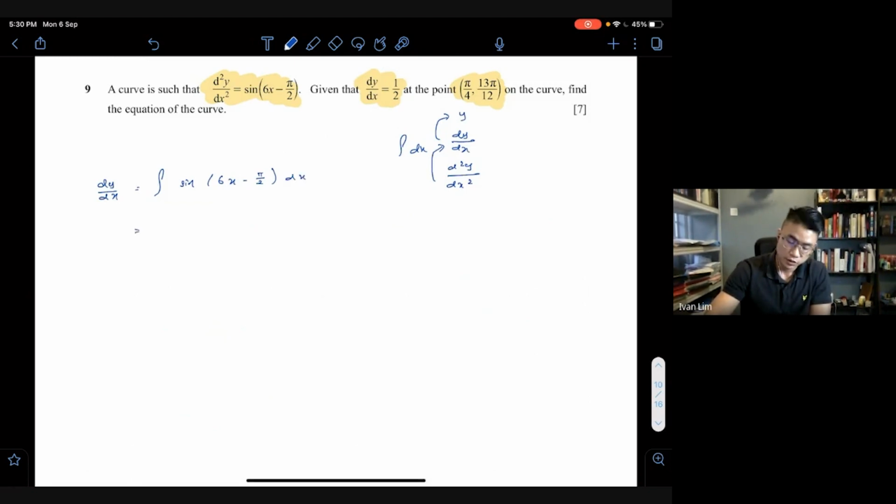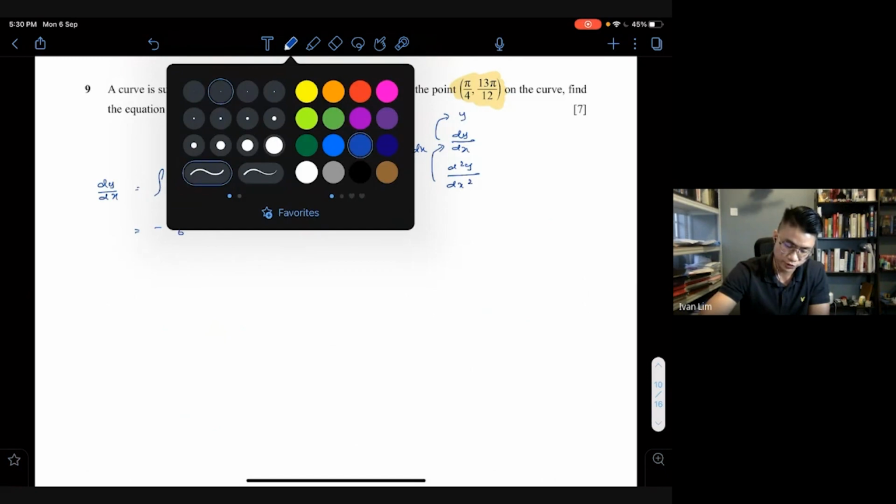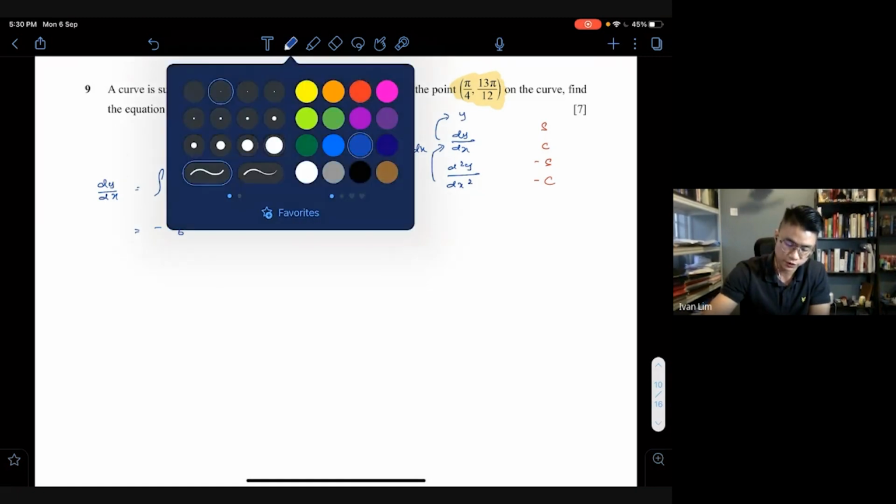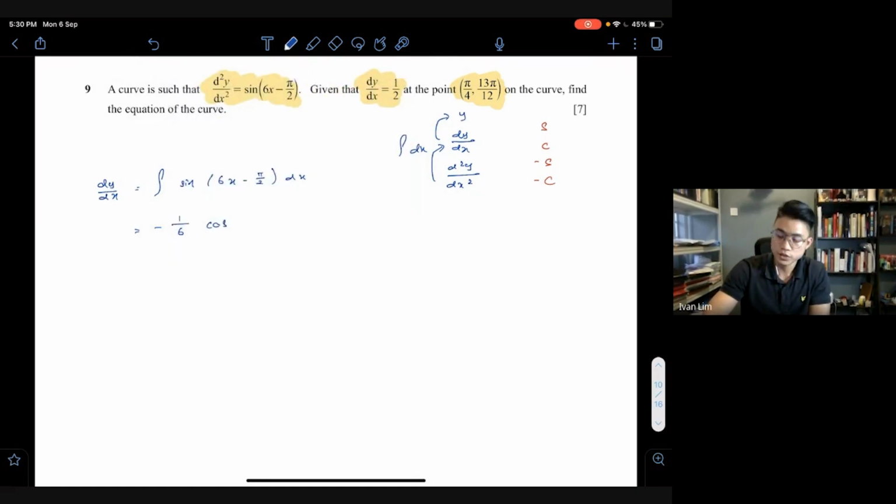Then you'll get, differentiate the bracket inside, then divide it, so you get negative cos. The acronym that you need to remember here is S, C, negative S, negative C. Just write it all at the side here. Negative 1 over 6 cos 6x minus pi over 2 plus C. Over here you get 2 marks already.